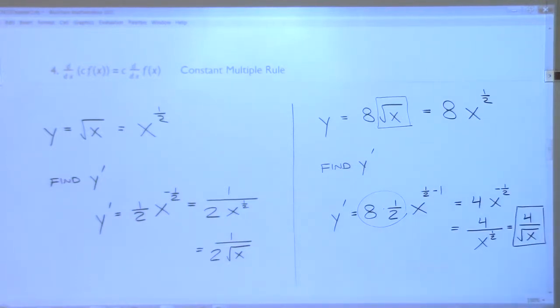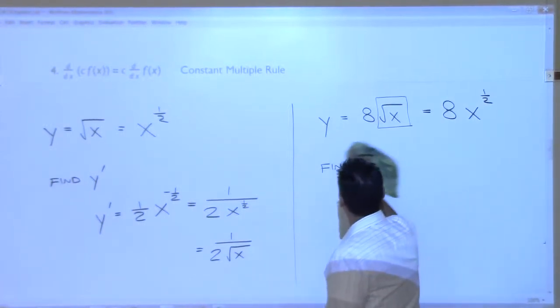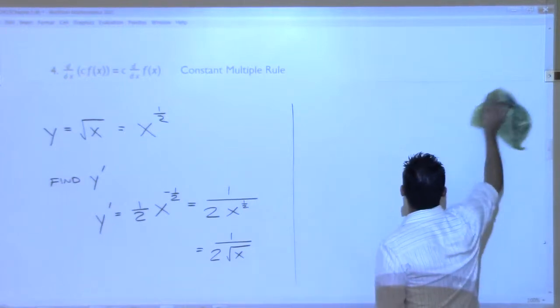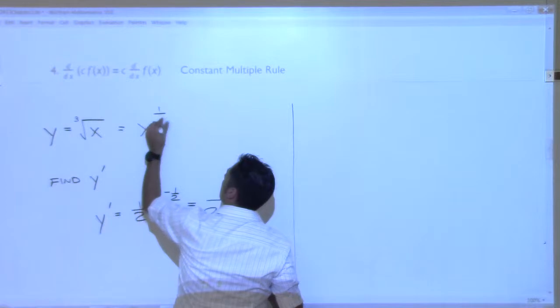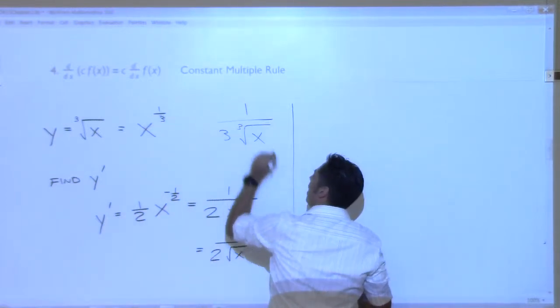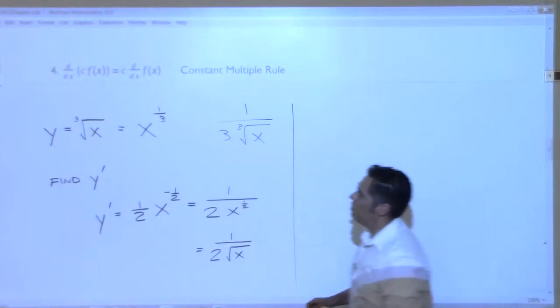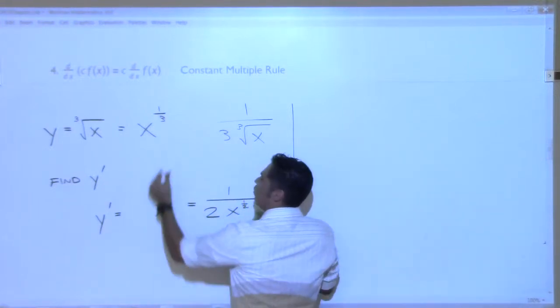What's the next rule? Would the derivative be 1 over 3 root x? No, it would not. Good question. The question was, if this was a cube root, then would that be 1 over 3 cube root x? I think that's what you're asking. It would not, because if you took the derivative here, you would get 1/3.